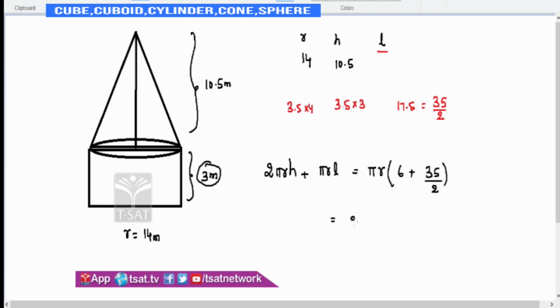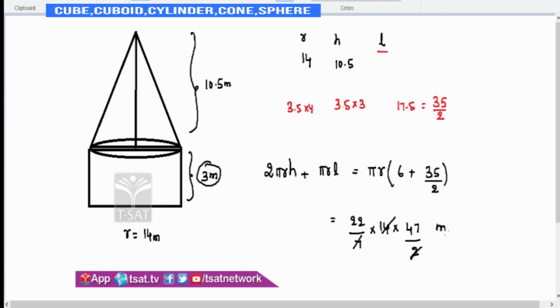So 22 by 7, radius is 14, 12 plus 35, 47 by 2. Cancel this.